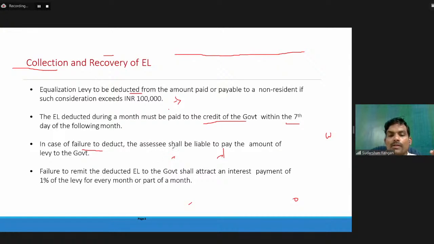Failure to deduct, the assessee shall be liable to pay the amount of levy to the government. If I don't deduct, that is, I have paid 25 lakhs, Pentagon should have actually deducted 1.5 lakhs as equalization levy, but it fails to do it.